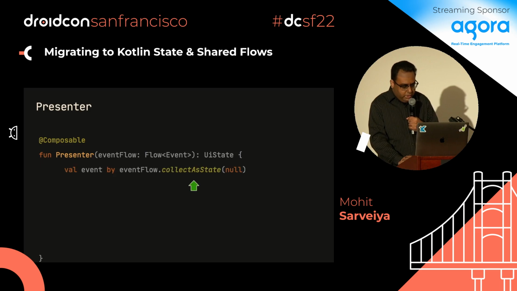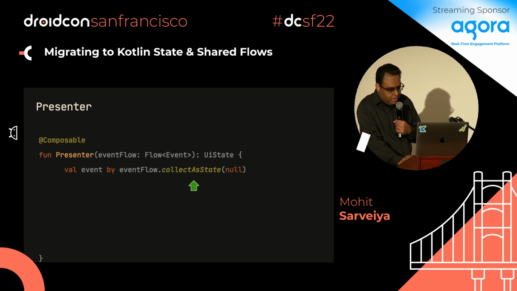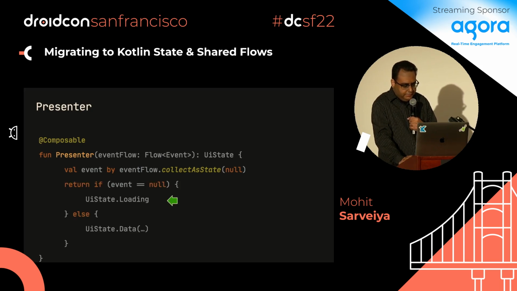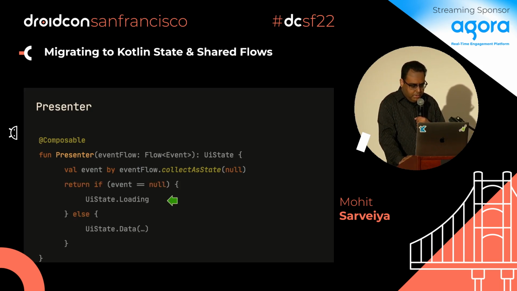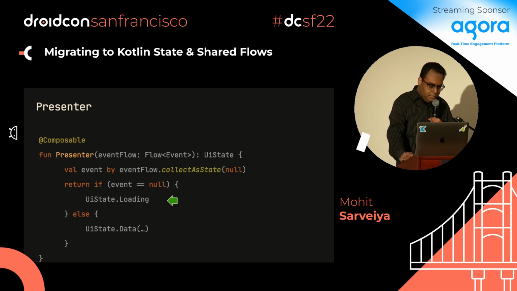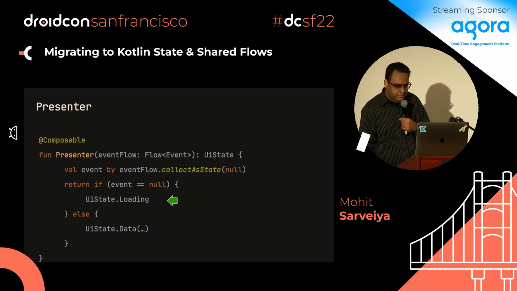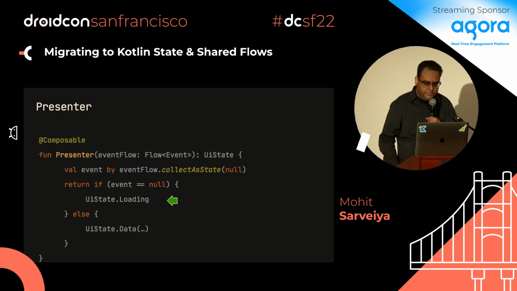And what you have in here is logic to come up with what the UI state is going to be. So I'm using collectAsState, and collectAsState in this example is null as a default. And over here, I have some simple logic to come up with loading or whether you have some particular data. So this composable function should be executed any time a new event is emitted.